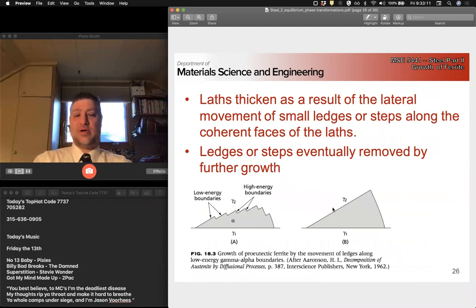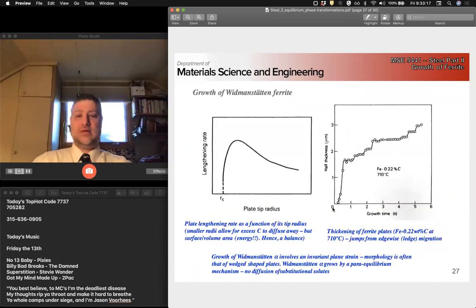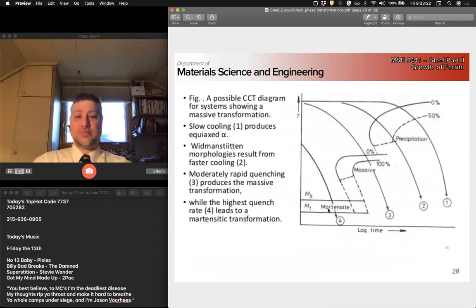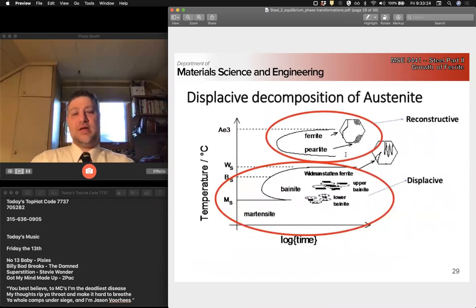We'll talk about growth next. So I'm going to come back to this on Monday after we talk about growth of precipitates, right? But this is just sort of what I wanted to point out, right? So at higher temperatures, we get a purely diffusional growth. At lower temperatures, we get this mixed mode growth.